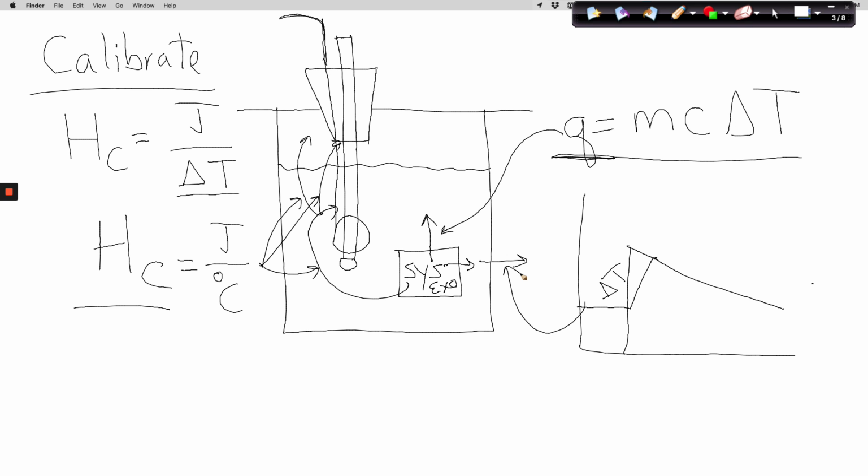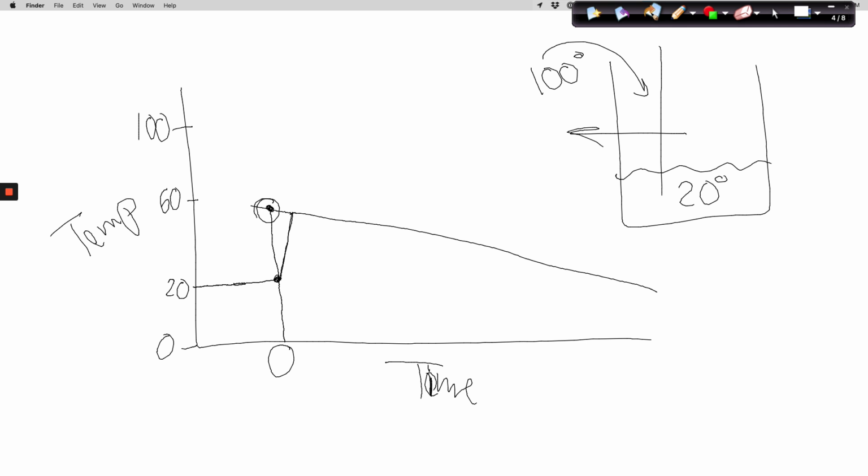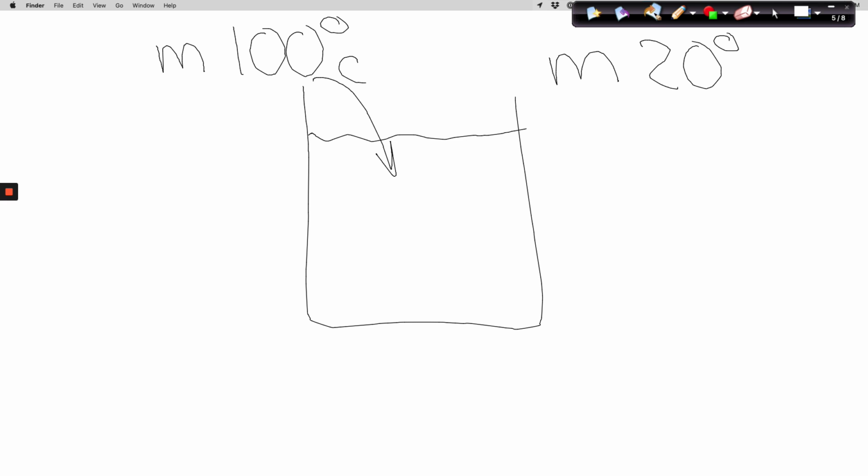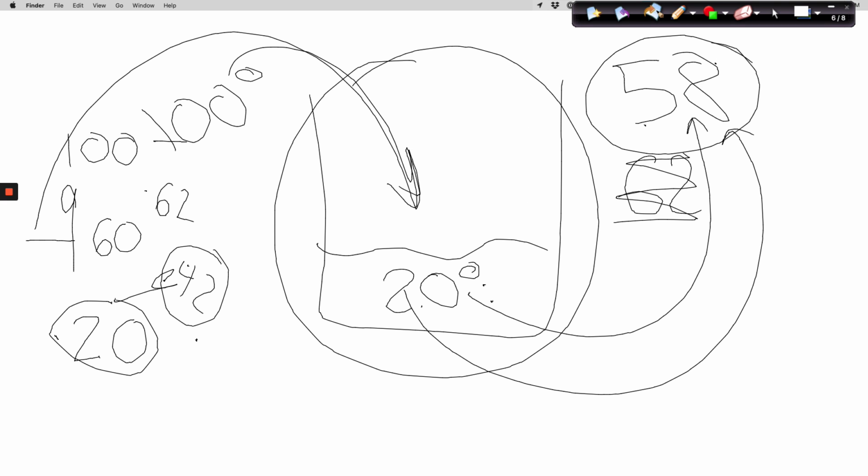Guys, we talked about the idea that when we calibrate our calorimeter, the calorimeter is going to start at the same temperature as the cold water, right? Then we're going to dump in the hot water, and then our final temperature should be below the average.